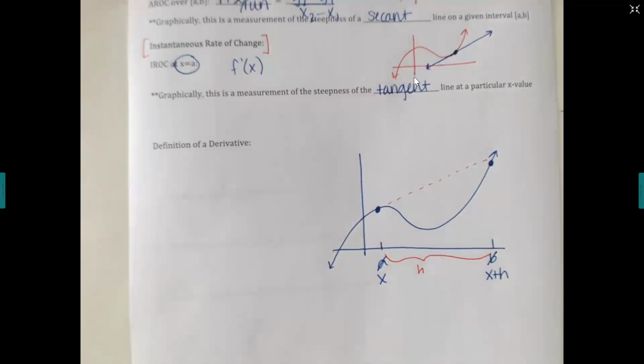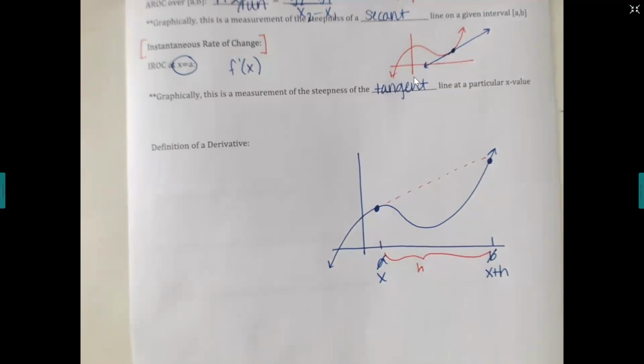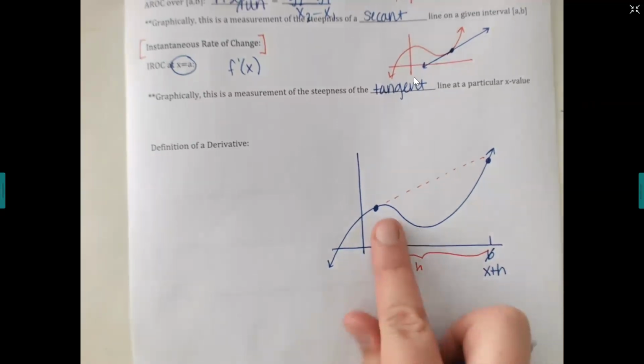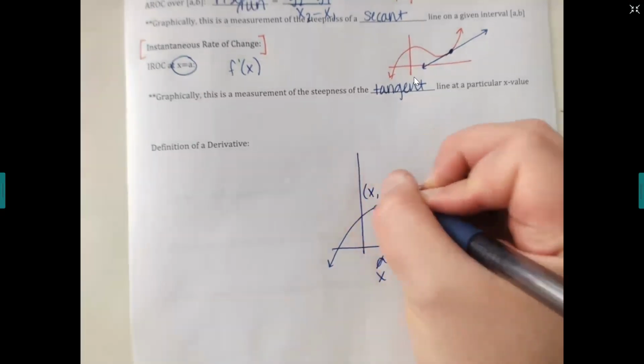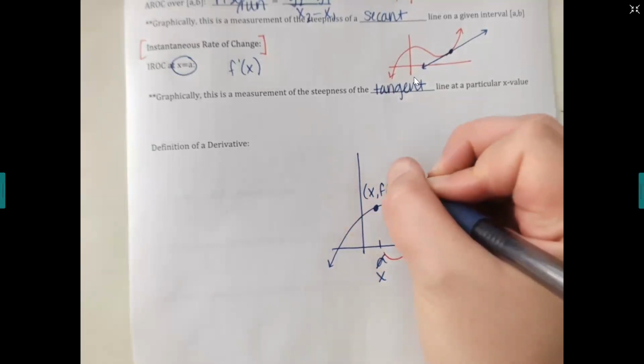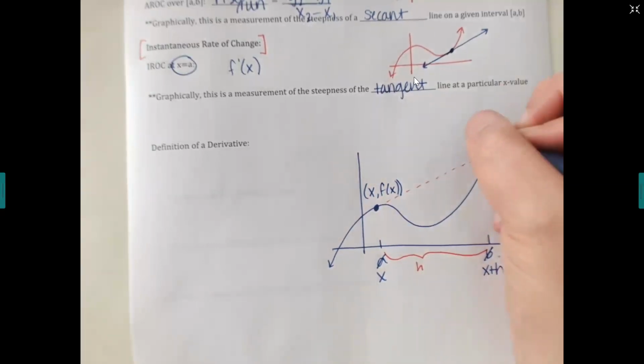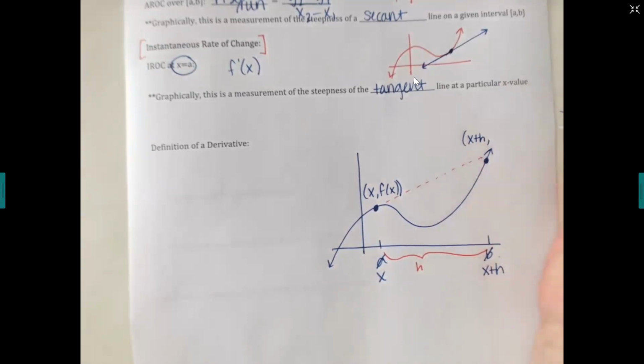So if you had your kids write ordered pairs, this point right here would be X comma f of X. And this point over here would be X plus a little bit more, and then f of X plus a little bit more.